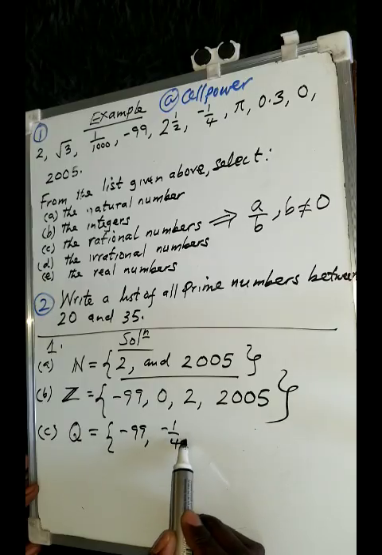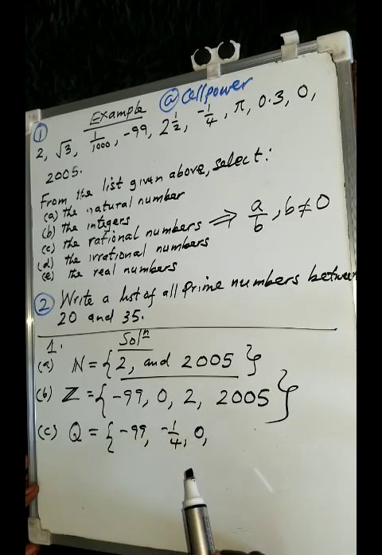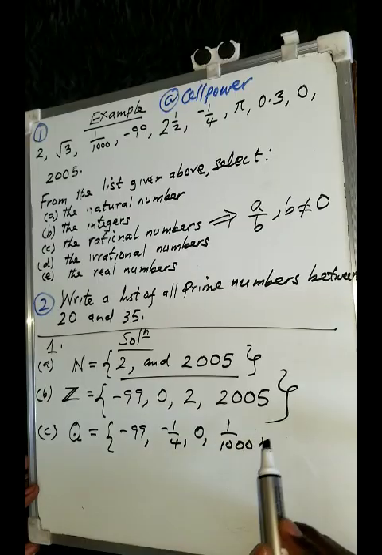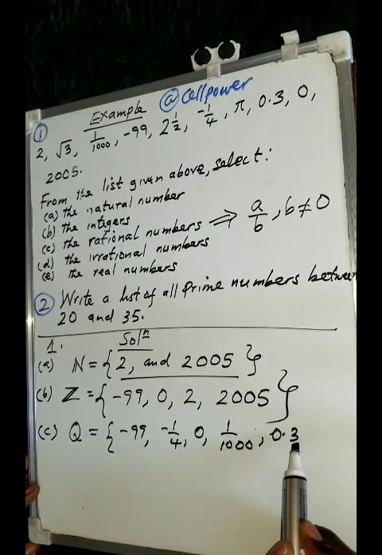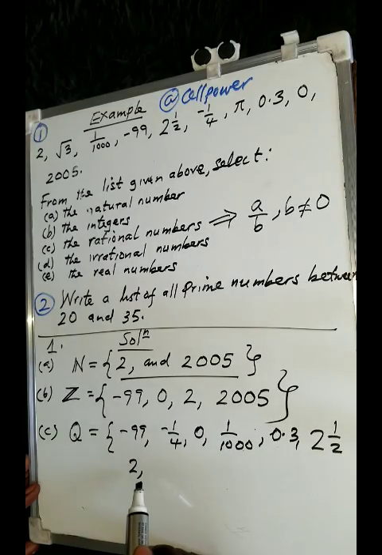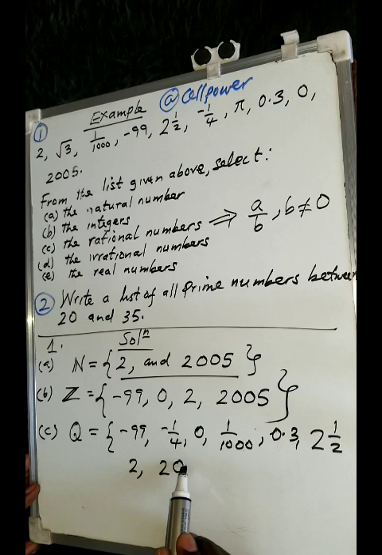Negative 1 over 4 is a rational number. 0 is a rational number. 1 over 1000 is a rational number. 0.3 is a rational number. 2 1 over 2 is a rational number. 2 itself is a rational number, and 2005 is also a rational number.